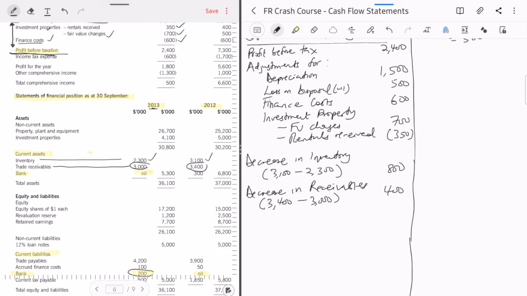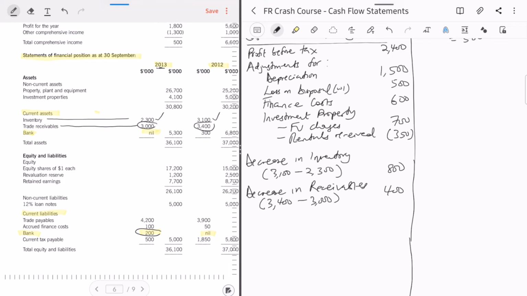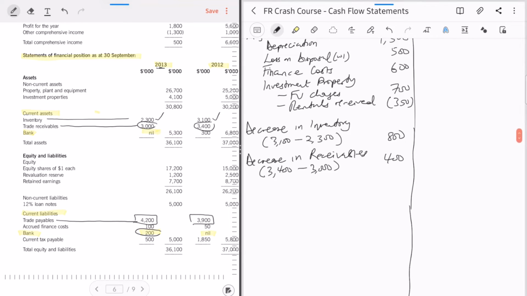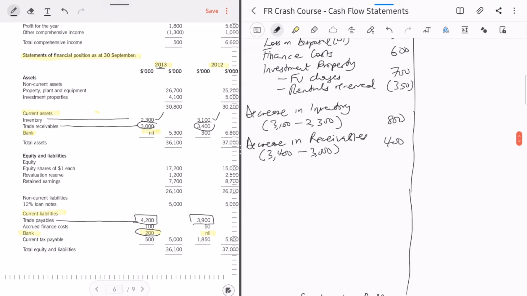We've done inventory. We've done receivables. Next thing to do is payables. So let's go to the liability section. Here we have trade payables. It was 3,900. It is now 4,200. So this is clearly an increase in payables. So I write here, increase in payables.